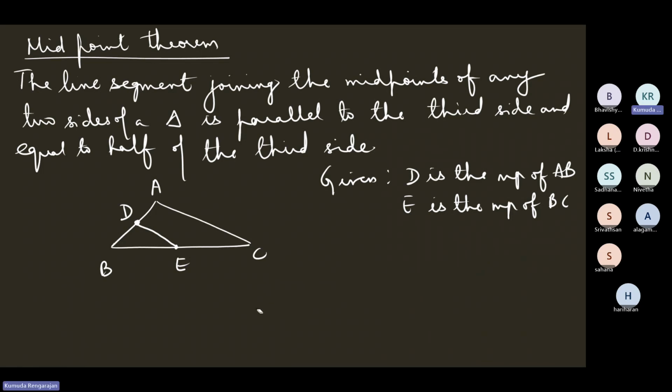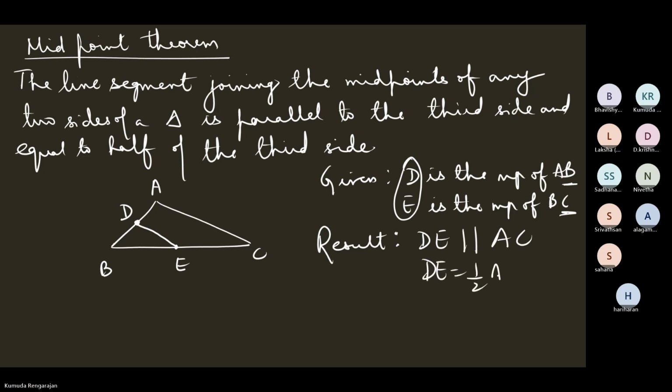So if we're given that D is the midpoint of AB, E is the midpoint of BC, the result is DE will be parallel to the third side. The third side is AC because we have AB, BC here. DE is parallel to AC and DE is equal to half of AC.